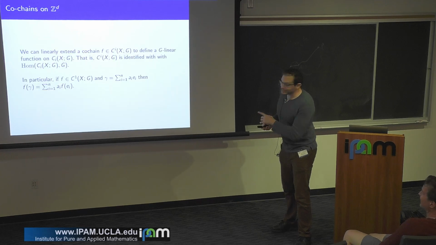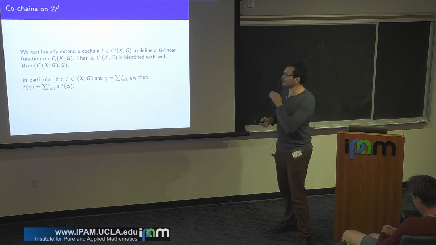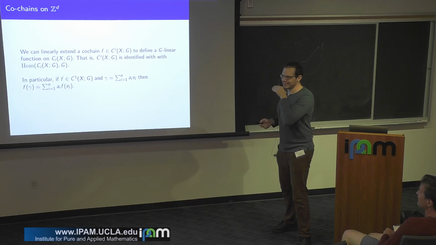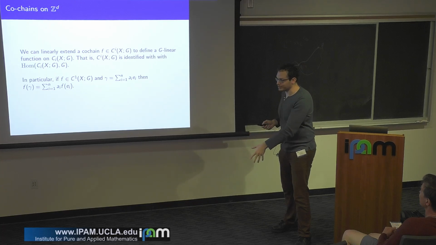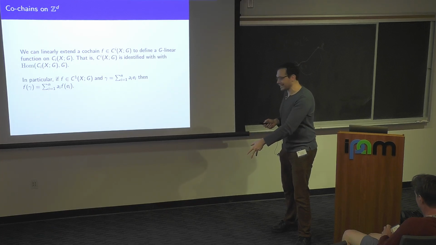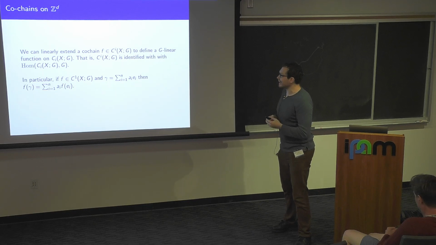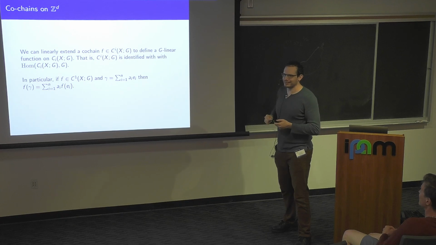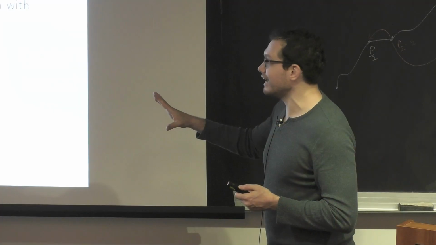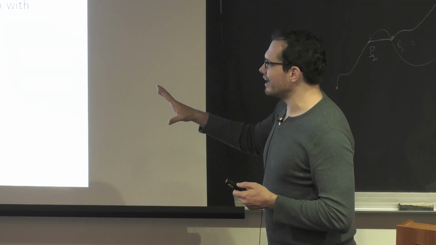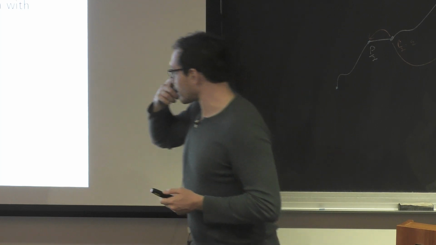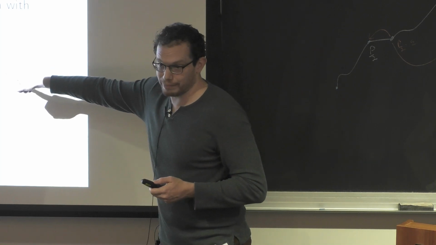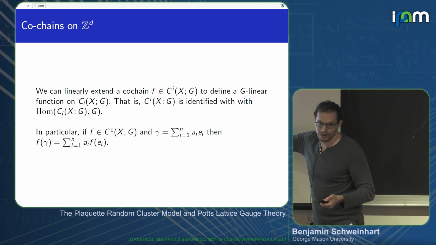Anyway, I'll just want to say a little bit more about cochains. You can also extend cochains, our assignment of spins to the i-cells. You can extend that linearly and get, which is traditionally how it's defined, a G-linear function on the space of chains. And all that's going to matter for us about this today is if we have a one-chain, which is going to be the boundary of a rectangle, it's actually going to be a one-cycle.